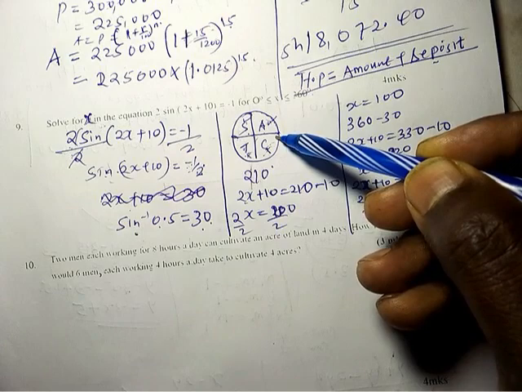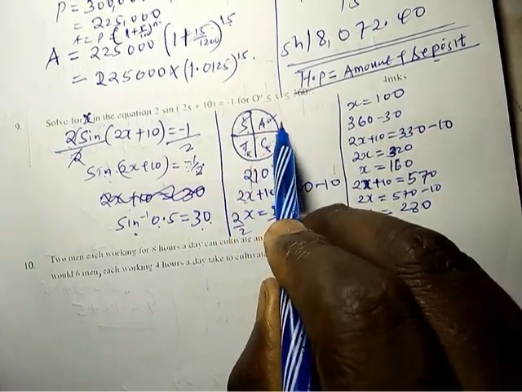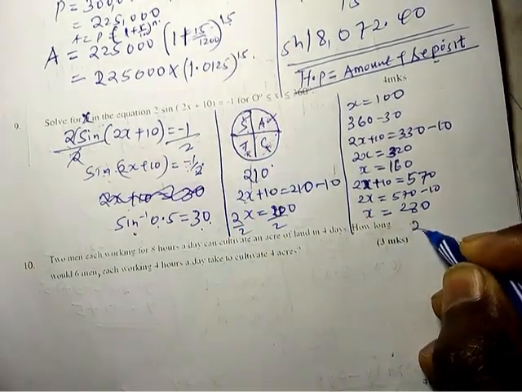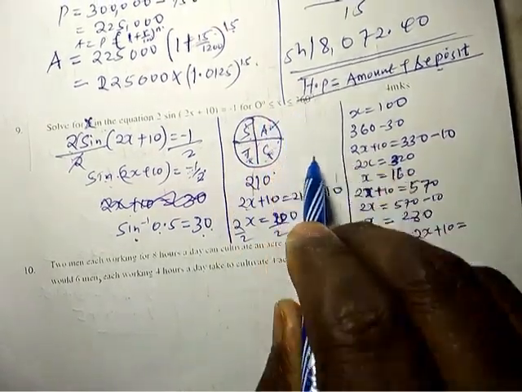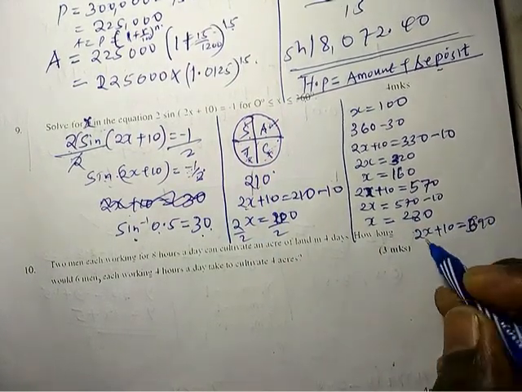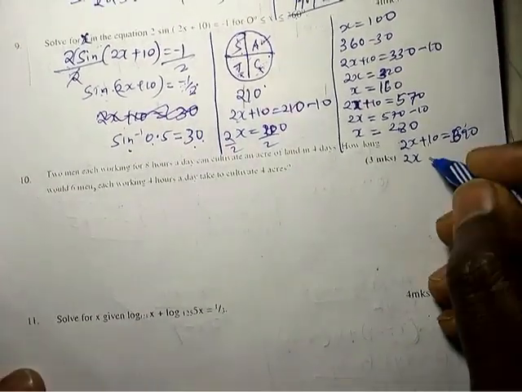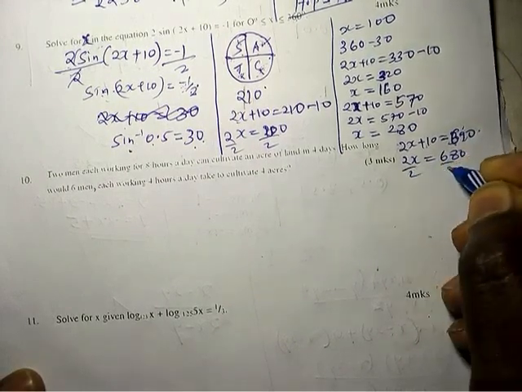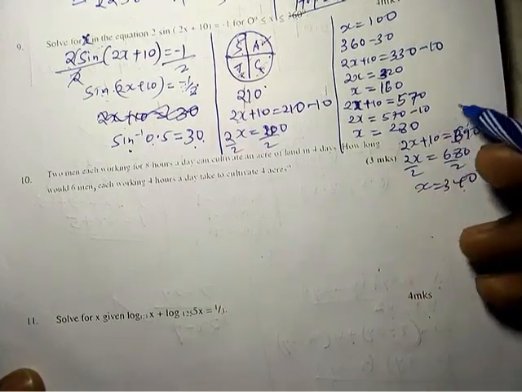Yeah, 720, because when we go round twice and reach here it will be 720. 720 minus 30 is 690. So 2x plus 10 is equal to 690. Remember our range was 360, so we continue. 2x equal to 690 minus 10, that is 680, divided by 2, so x will be 340. Once it has reached that, definitely the next one will go beyond the range.